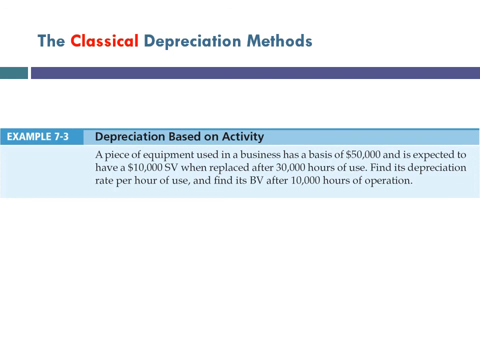So it says that a piece of equipment used in business has a cost basis B of 50,000 and is expected to have a 10,000 salvage value when replaced after 30,000 hours of use. So the total amount of production, number of units, let's say, is equal to 30,000 hours.